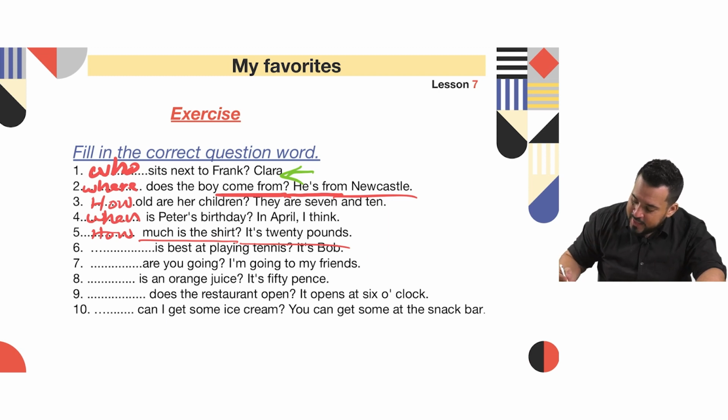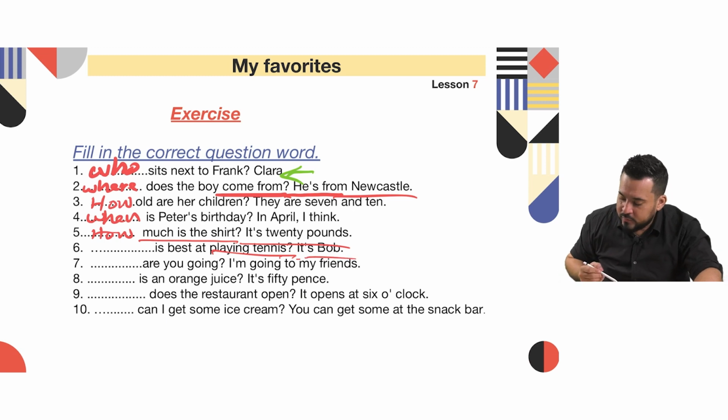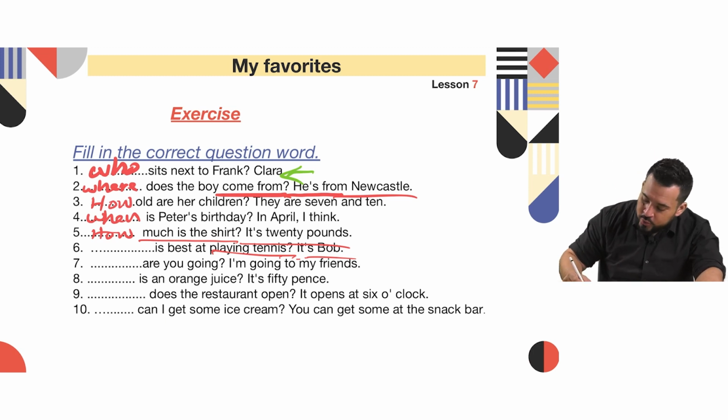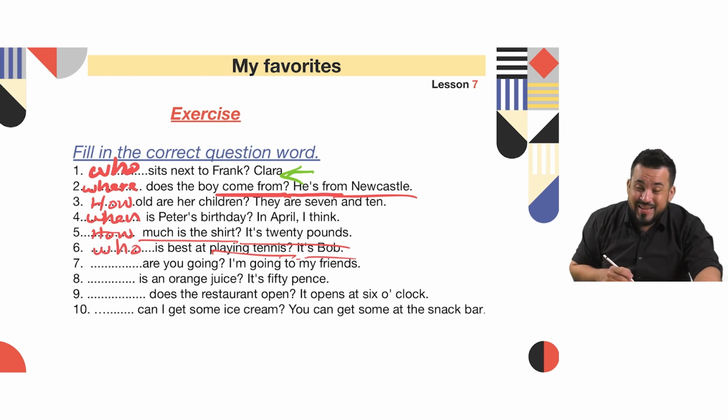Who is best at playing tennis? Bob. Bob is a guy's name, a male name. So we are talking about a person. The correct answer will be who. Who is best at playing tennis? Where are you going? I'm going to my friends.